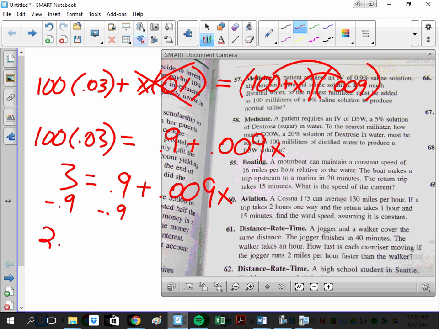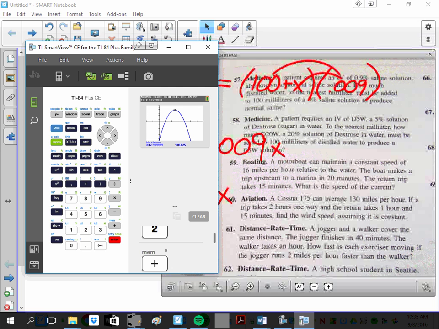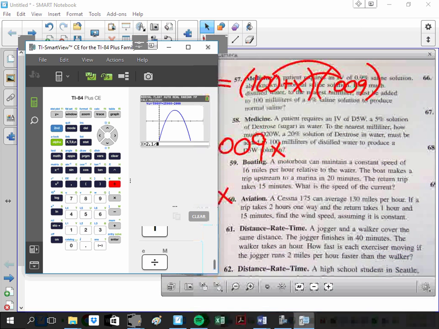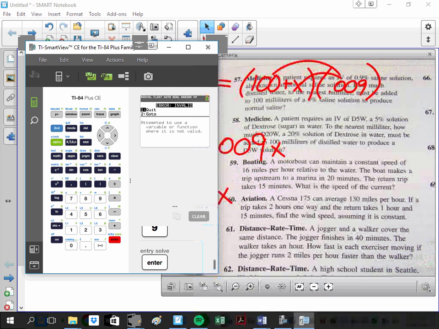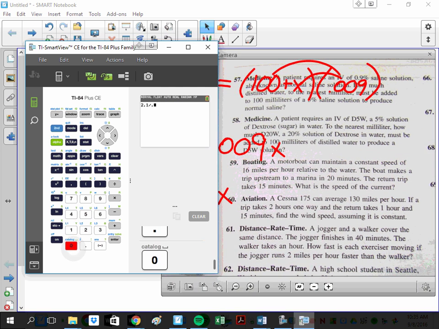So 2.1 equals 0.009x. 2.1 divided by 0.009. Oh, I'm totally in the wrong place. Does that seem reasonable? 233 milliliters? Yeah, that seems pretty reasonable.